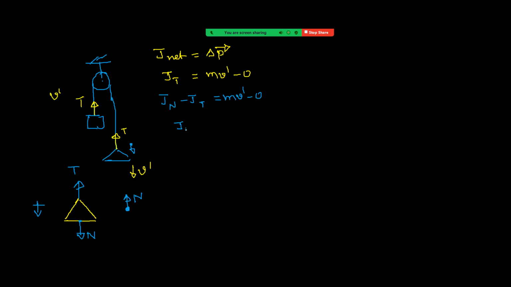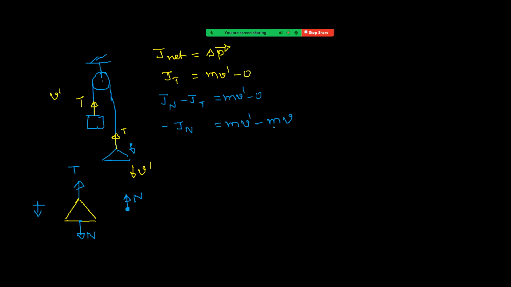This is the net impulse, and net impulse equals the change in momentum. So the final velocity is v dash, so it is m v dash, final value, minus the initial value, m into v.